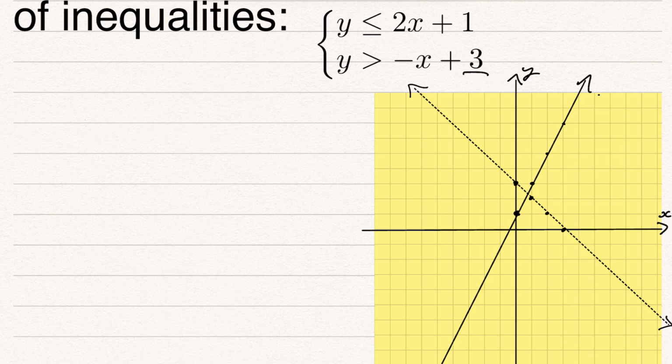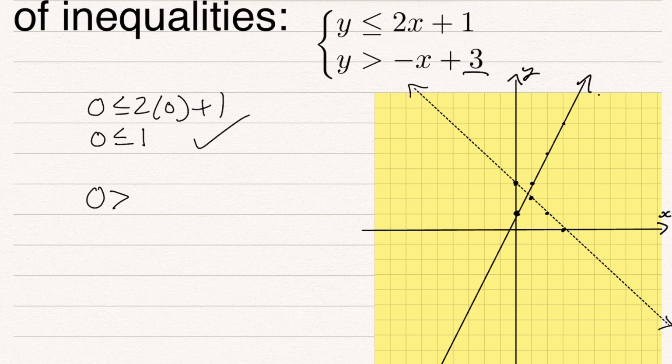I like to start with 0, 0 because it's easy. So let's plug 0, 0 into both the top and the bottom inequality. So 0 is less than or equal to 2 times 0 plus 1. Is 0 less than or equal to 1? Yeah, for sure. So the top inequality checks out. That's this one here.